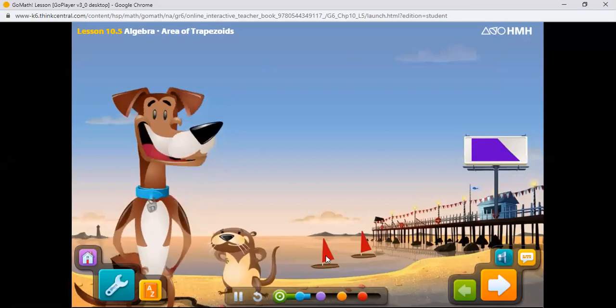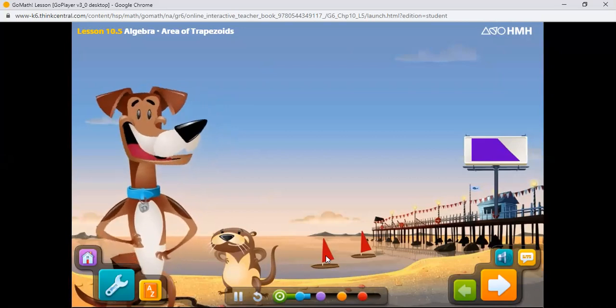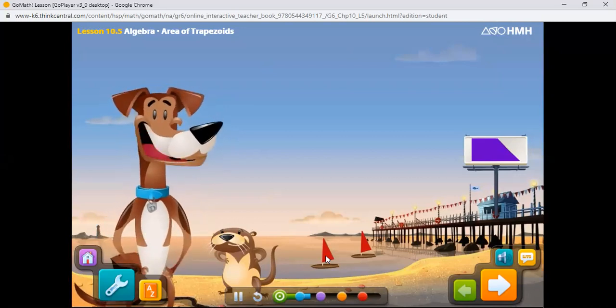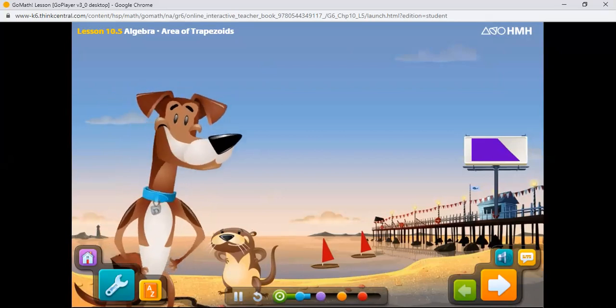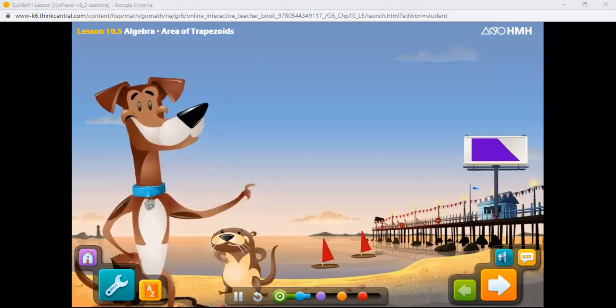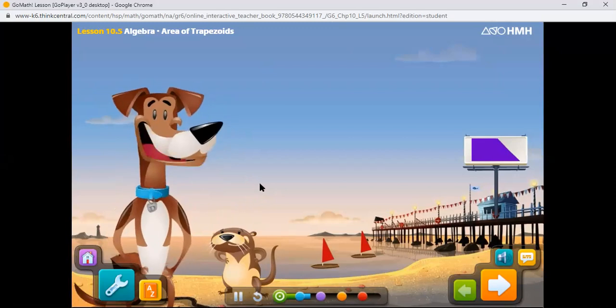Hi. Sophia and I were hanging out at the beach watching the boats when Sophia noticed a big new addition to the beachfront. Sophia pointed out the new billboard on the pier. It has the logo of a restaurant on it. After her grand opening, the owner wants to change the wording of the advertisement on her logo to highlight her holiday specials.